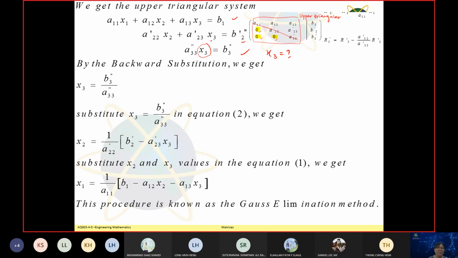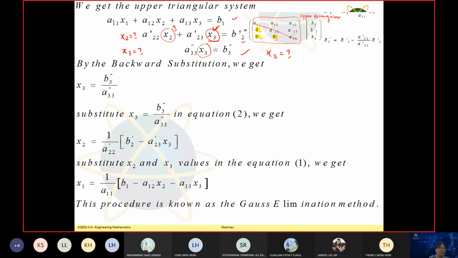Can you see the third equation is already found? For the second equation, you have two unknowns, x2 and x3. And just now, as I said, in the third equation you can find x3. So when x3 is already found, then you can find the value of x2 in the second equation.